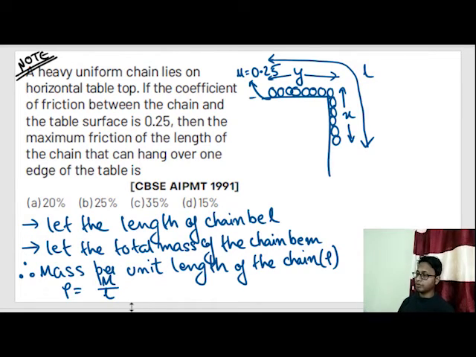So that means the mass of 1 meter of this chain is equal to M by L kg. Understood? Up till here, this is the concept. I just introduced a term rho, the mass per unit length or mass per unit meter of the chain.